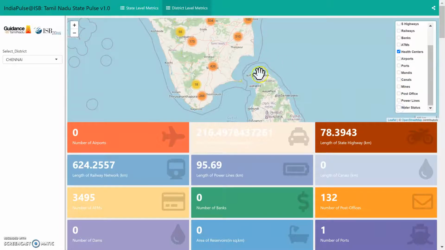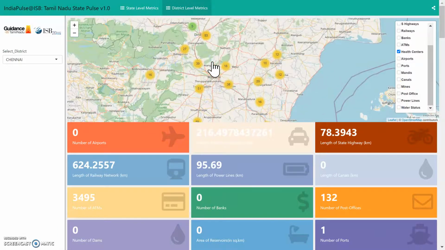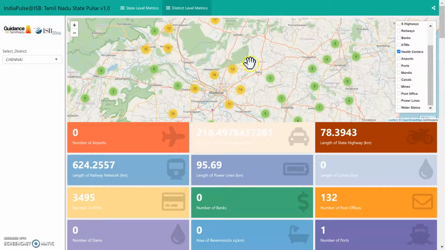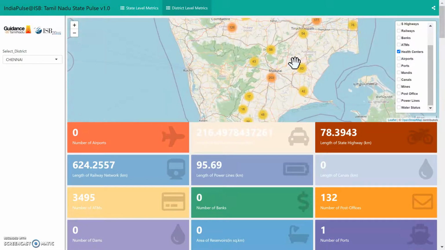Okay, how many health centers are there? If I go in, you will begin to see how many health centers are in different parts of different districts. But if you go down, for each district, you can see on this dashboard how these different variables that we think matter are showing up.